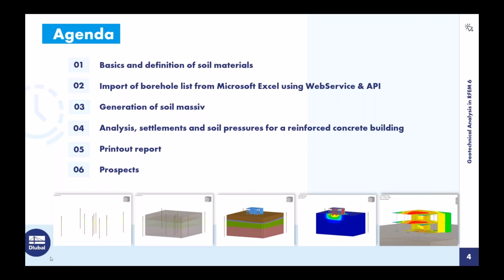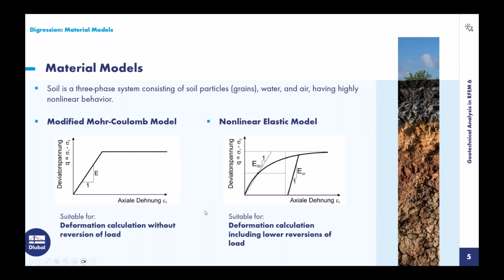We will start with the short slides regarding the theoretical background. First topic is the material models. Soil is a three-phase system consisting of soil particles, water, and air, and it has a highly nonlinear behavior.